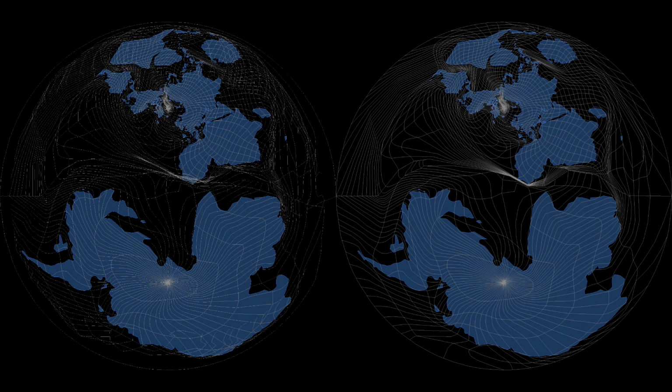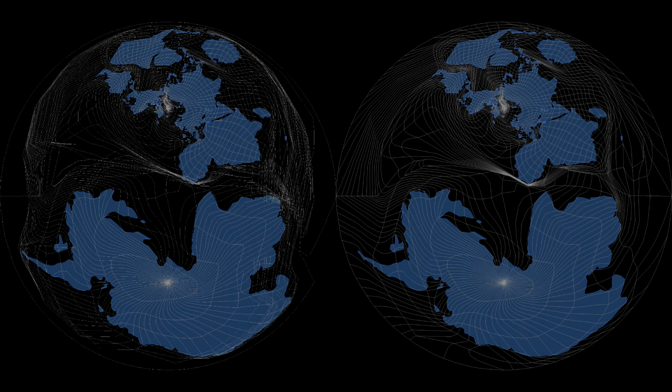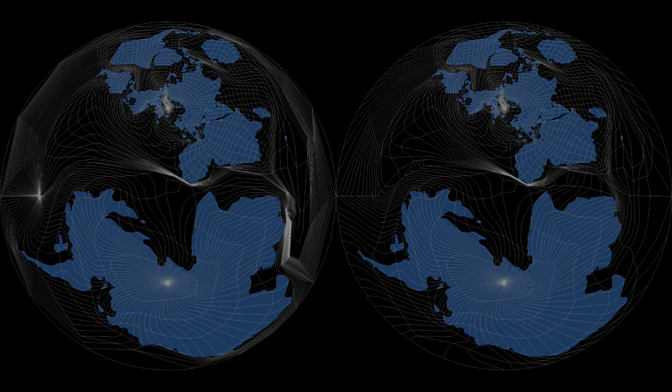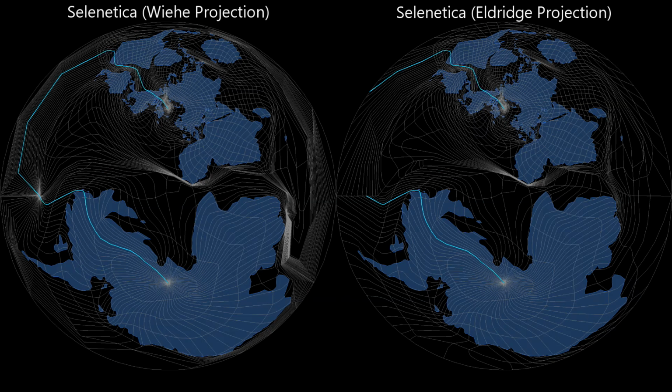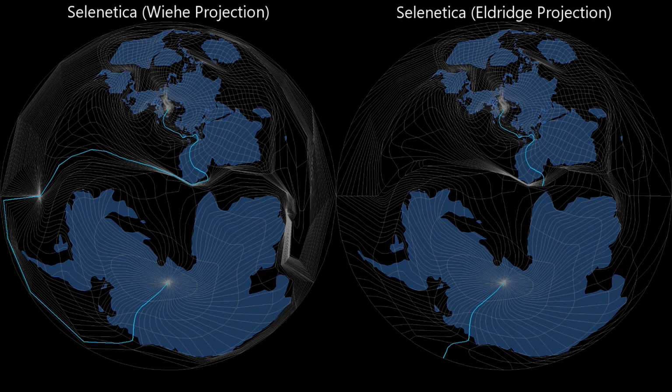In the Selenetics projection, longitude lines can be directed to the west and east pseudopoles to create an uninterrupted path from the north to the south pole.